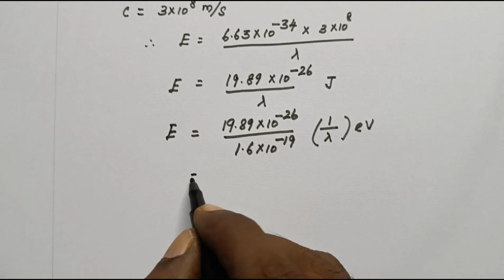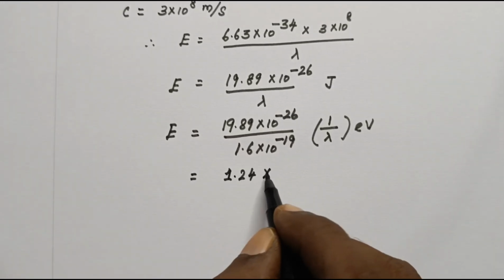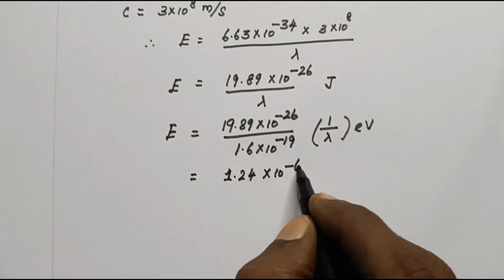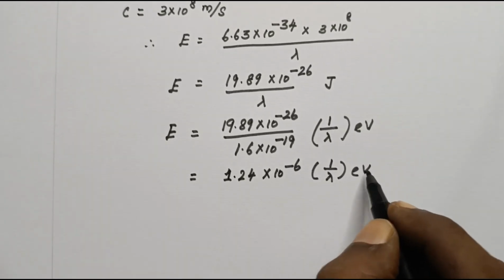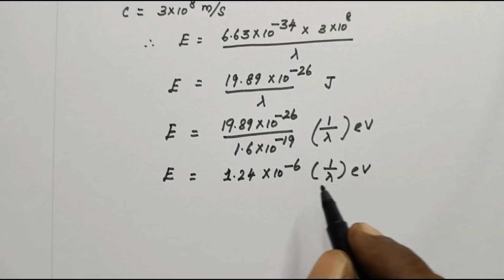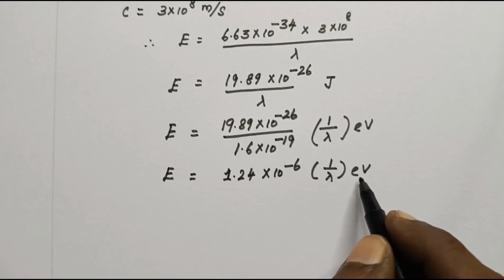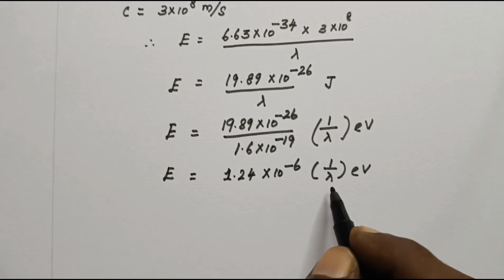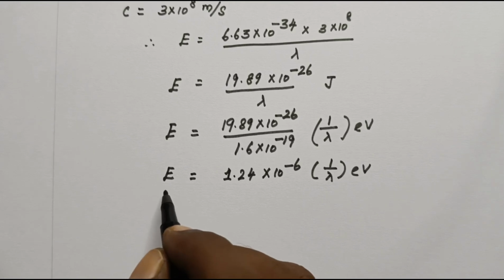So this is equal to 1.24 into 10 to the power minus 6 into 1 by lambda electron volt. So this is the energy of the photon having wavelength lambda, in electron volt. By substituting the value of lambda, we will get the energy of photon in the electromagnetic spectrum.